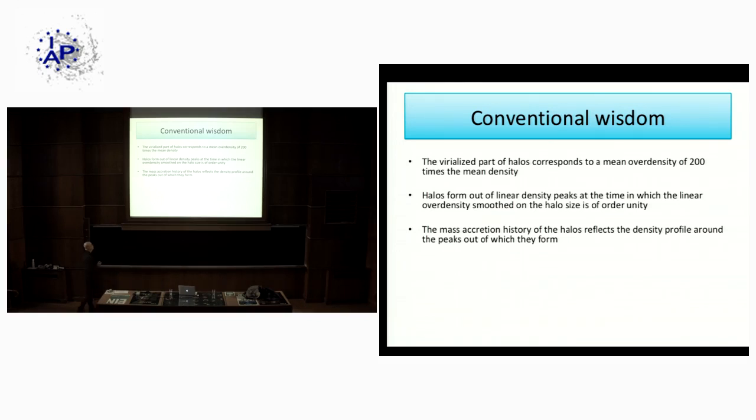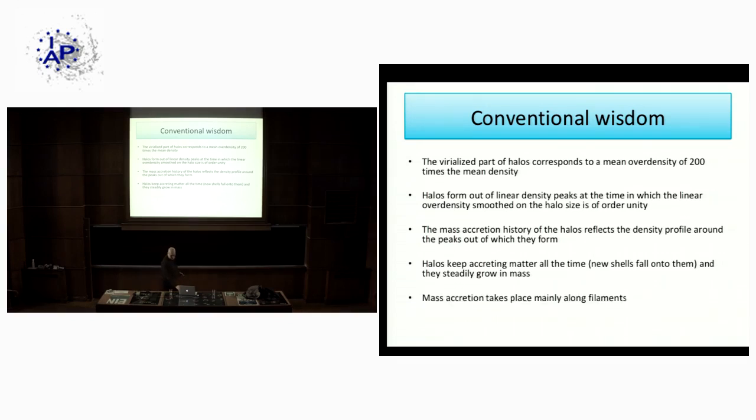Another thing you find in certain textbooks is that the mass accretion history of the halos reflects the density profile around the peaks out of which they form. And halos keep accreting matter all the time because there are always new shells falling into them.